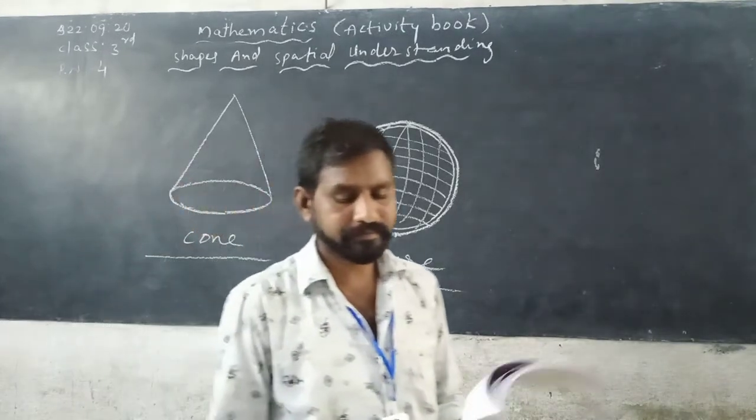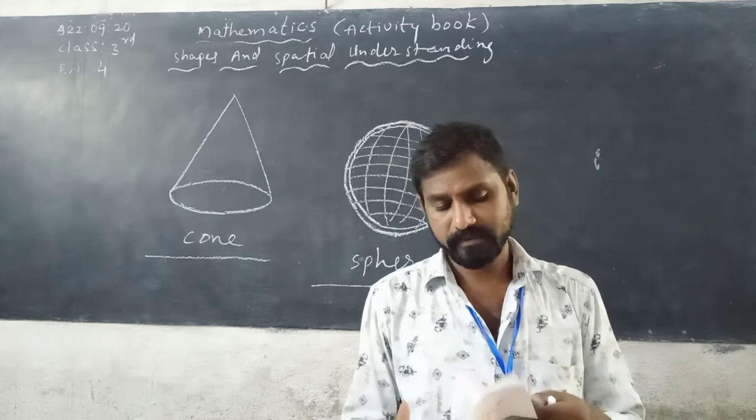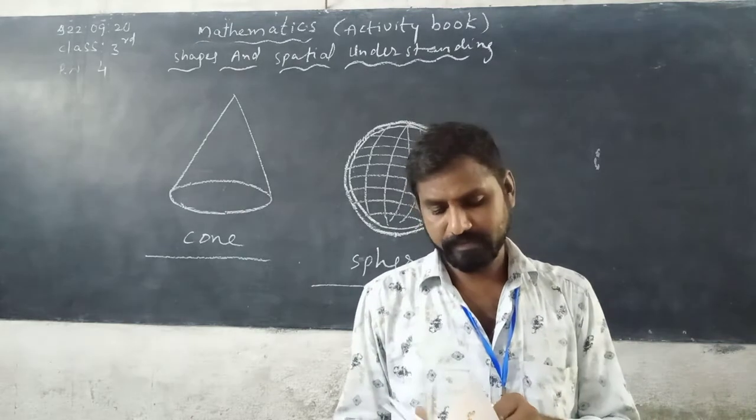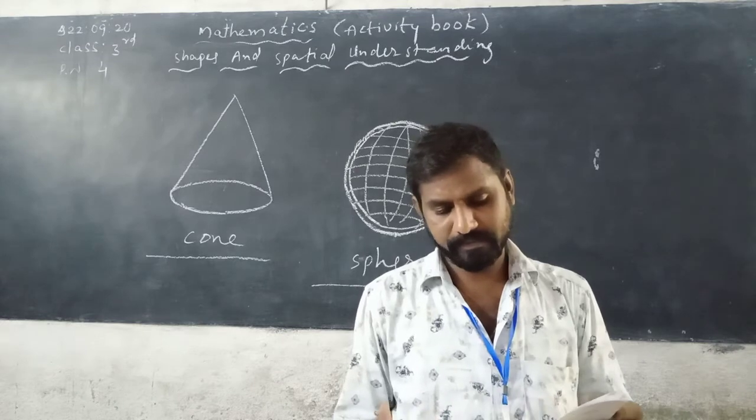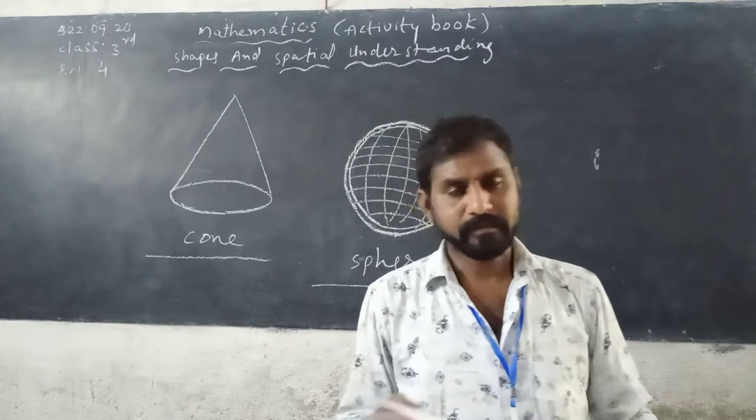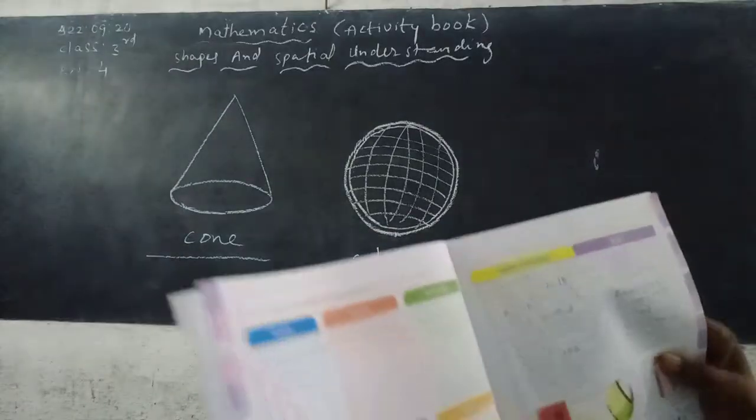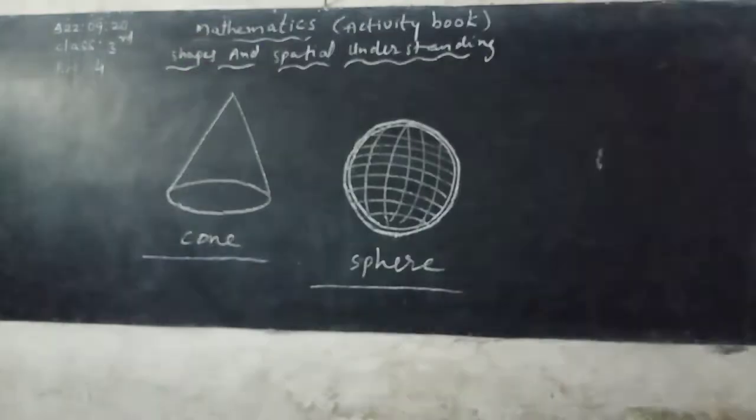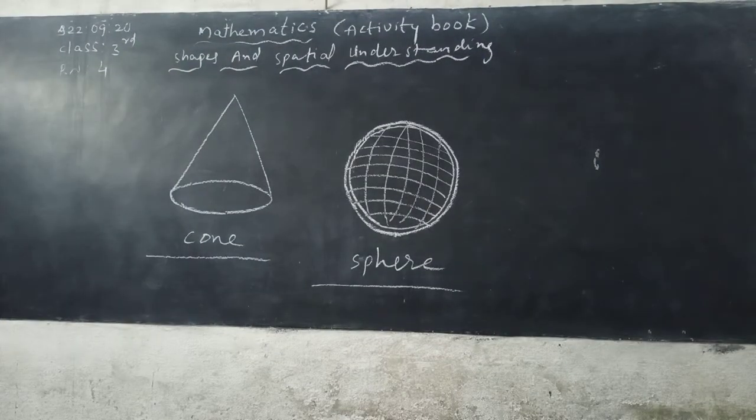See page number 8, first one is triangle. So these answers are given in your activity book last page. Everybody pluck and paste here. Last page.